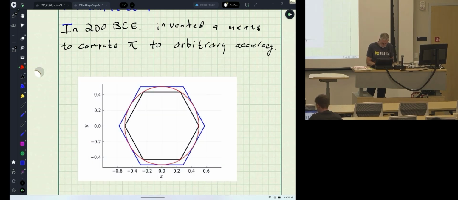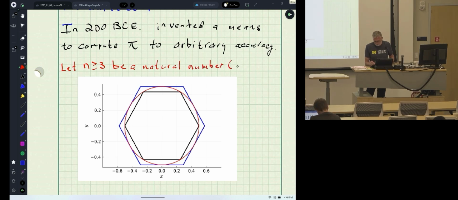All these images are in the textbook. So let n greater than or equal to 3 be a natural number. These are also known as counting numbers.